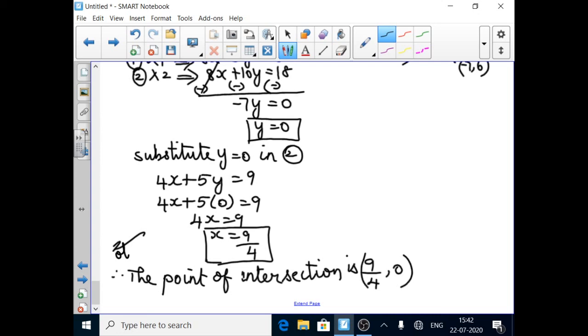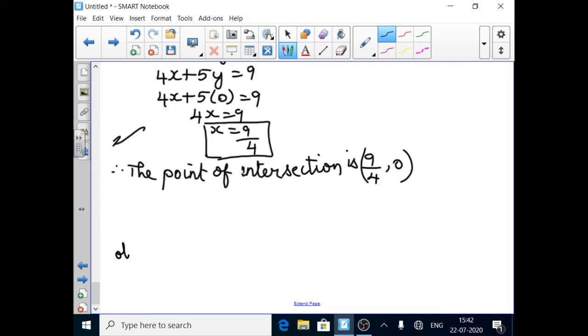Now midpoint. We have the formula: x1 plus x2 by 2 comma y1 plus y2 by 2.